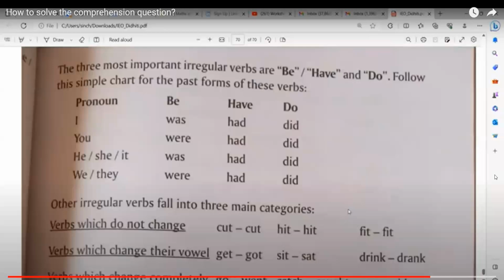Okay, first irregular verb. Irregular verbs are those that change completely, and regular verbs, ed or d are added at the end of it to make it go from present tense to past tense.